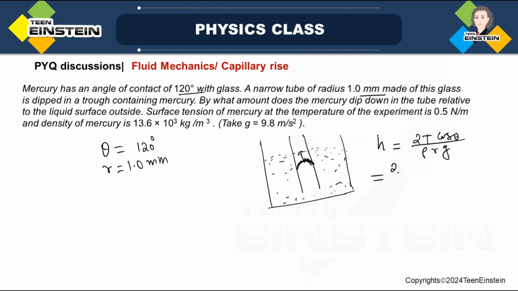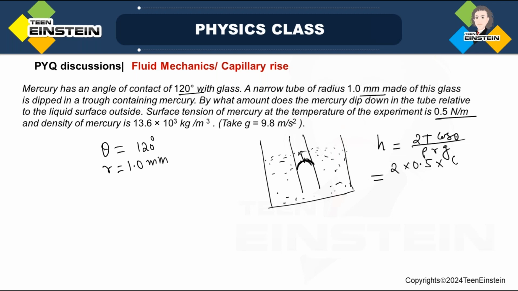So let us find that out. T is given, the surface tension of mercury, that is 0.5 Newton per meter.